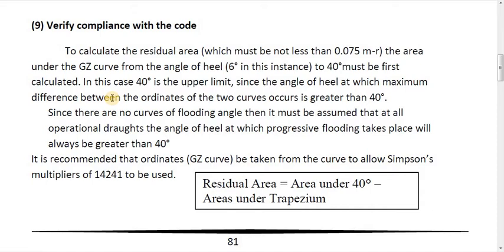Okay, so meron siyang criteria, particularly the GM should not be less than 0.3 meters. And also we have the residual area criteria, which should not be less than 0.075 meter radian.